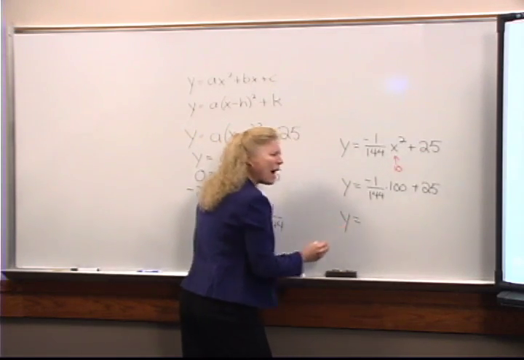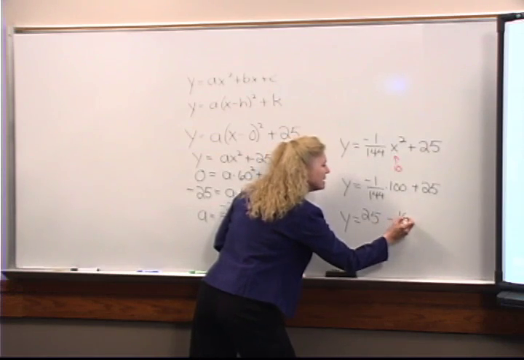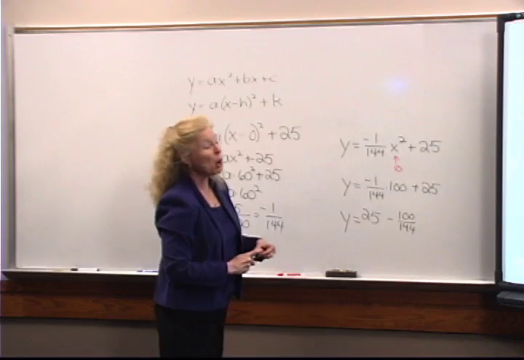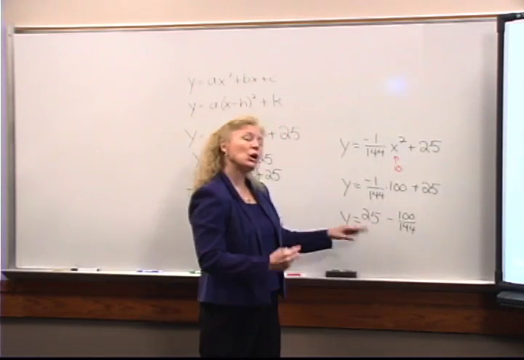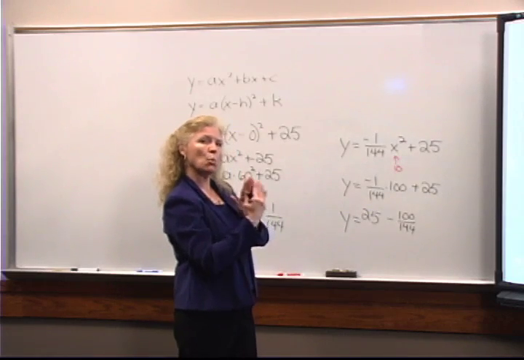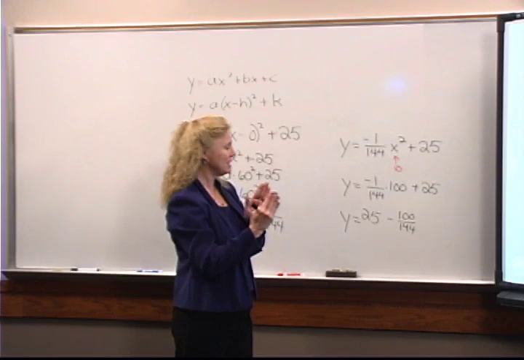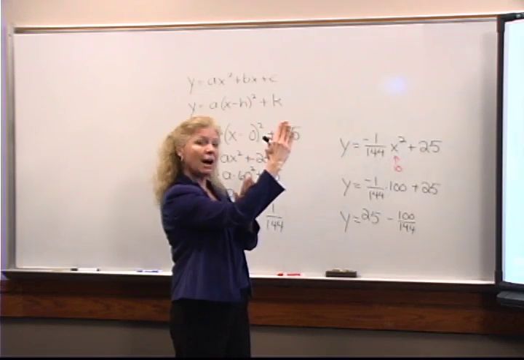And, wow, I've got an ugly number to deal with here. I've got 25 minus whatever the heck 100 over 144 is. But you know what? I know it's less than 1. So I know that 10 feet away from the middle there, from my line of symmetry, I'm going to be over 24 feet in height.